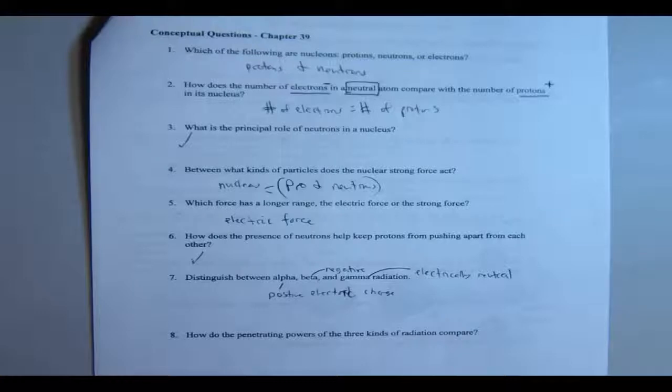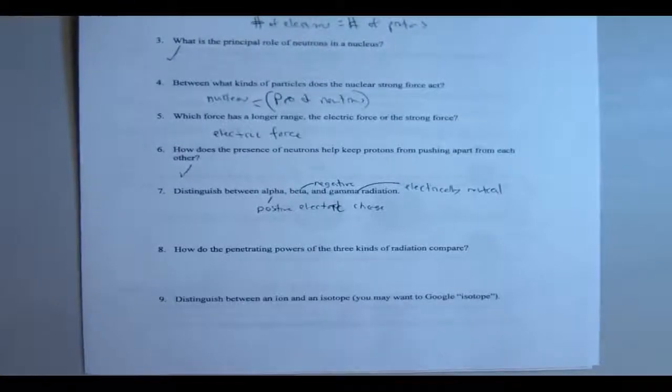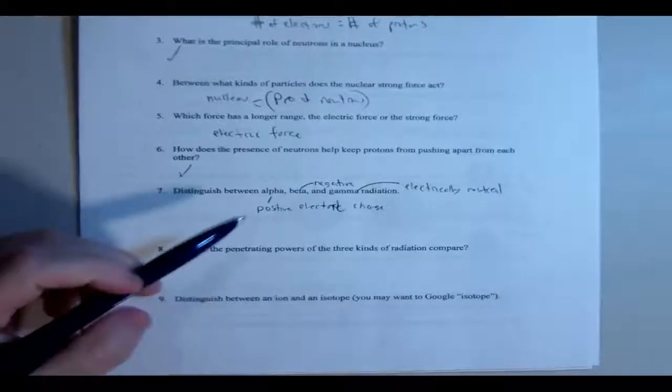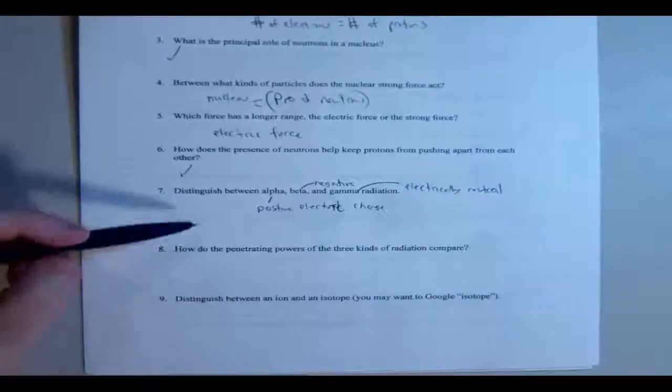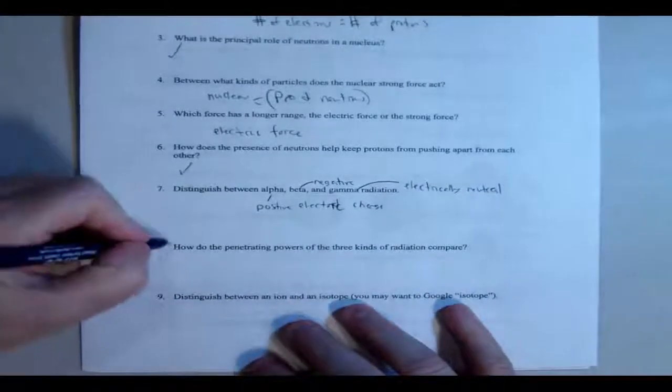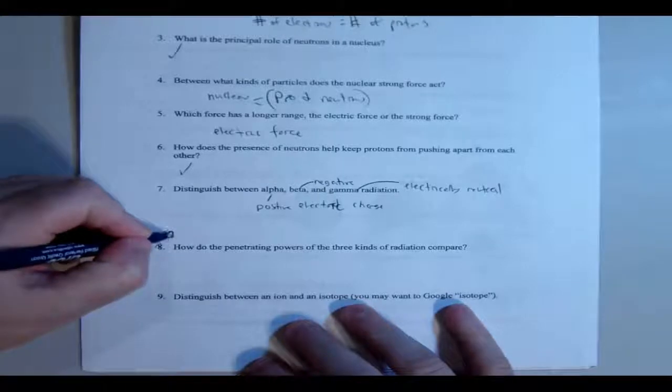Okie dokie. Number 8. There is a picture in your text showing number 8, penetrating power. So check that out, even after this answer, because it's a good picture that helps illustrate the point. First of all, penetrating power. Penetrate means to push past or push into, right? So penetrating power of the 3 kinds of radiation. Well, that's what we just talked about: alpha, beta, gamma.